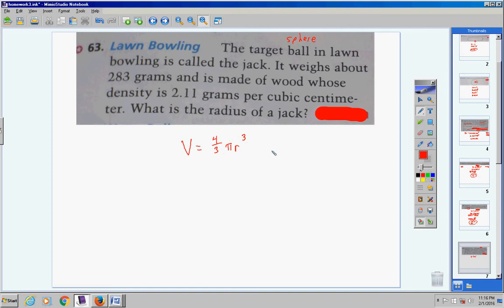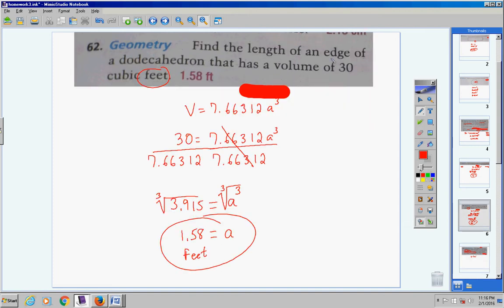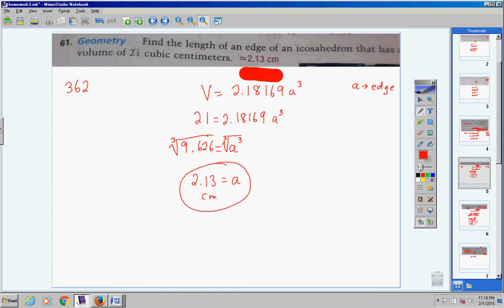Now, it says the target ball in lawn bowling is called the jack. It weighs this many grams. It has this much of a density. What is the radius? Now guys, here's the problem. In this problem back here, they gave us the volume.